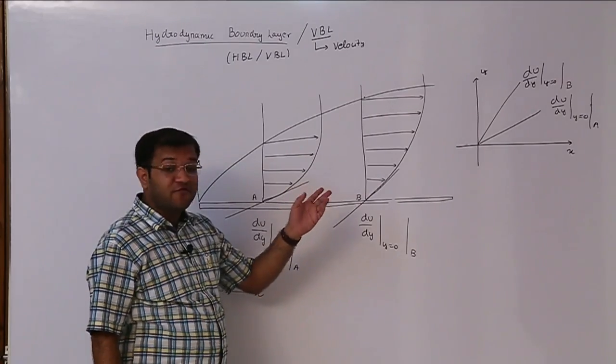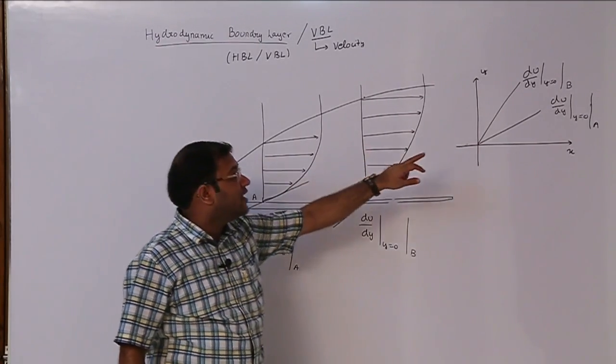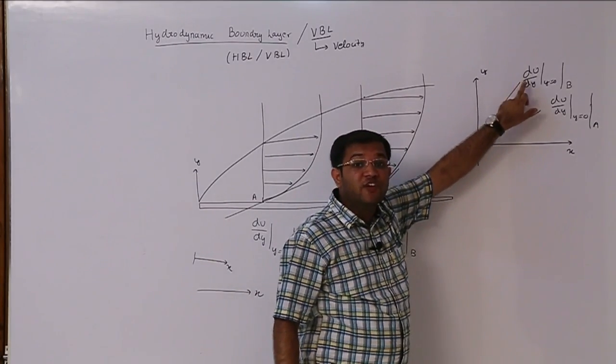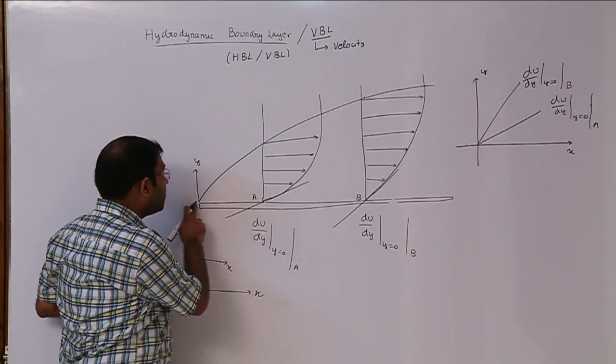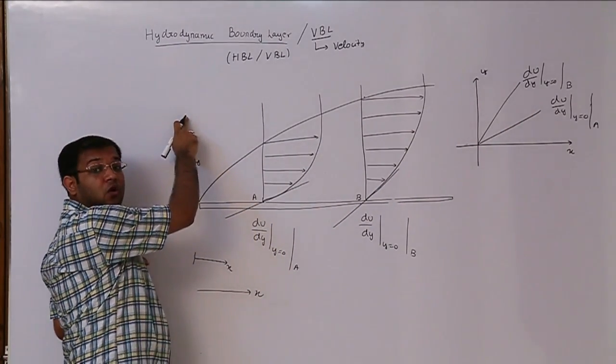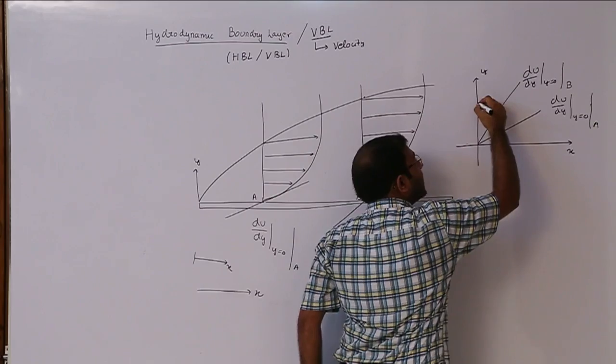Now see, here we are seeing variation of velocity u with respect to y direction. So we measure slope with respect to y direction.